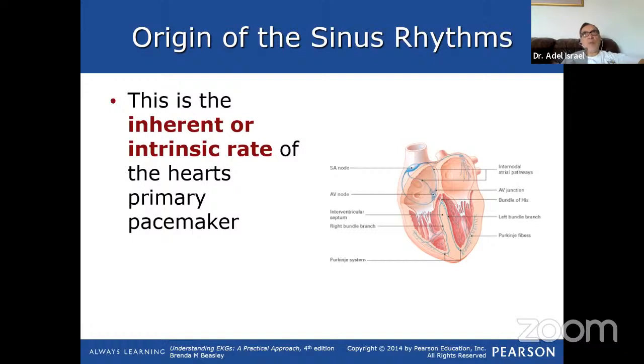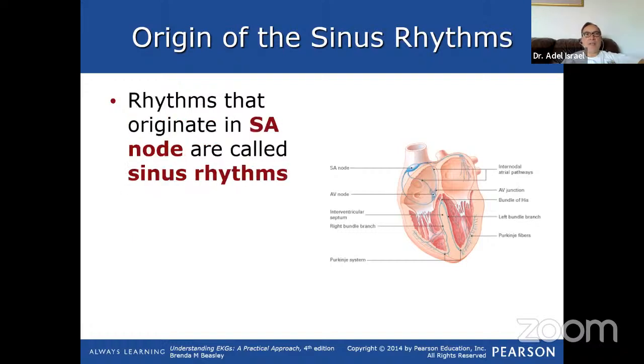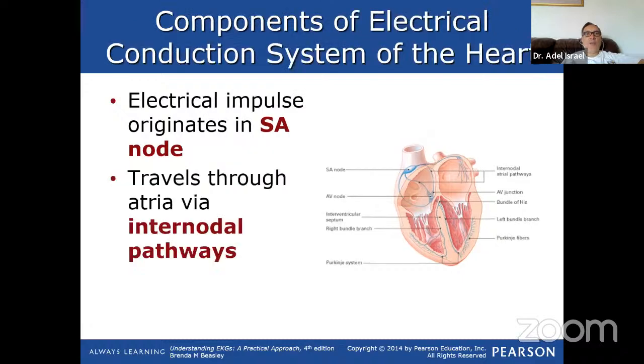So what we mean by inherent is that it is the original one which comes from birth, okay? Inherent or intrinsic rate. And we call it a sinus rhythm because it comes from the SA node.